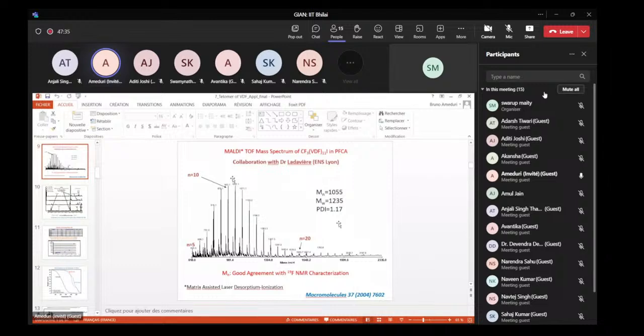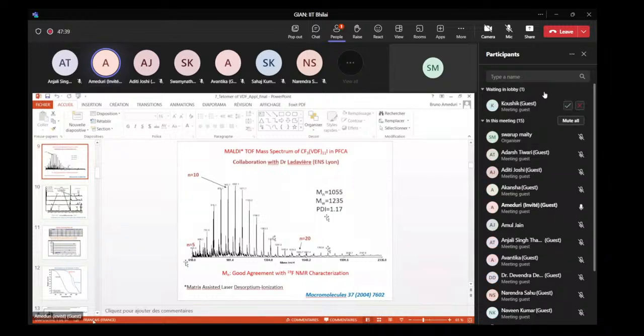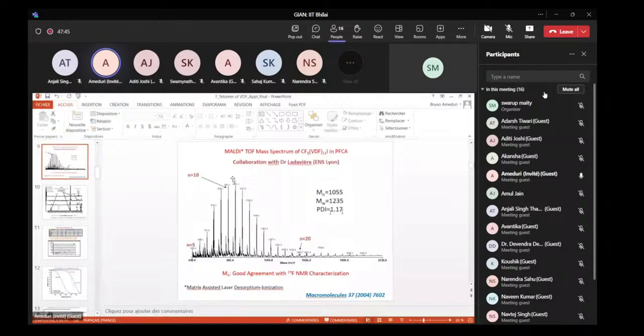You can be surprised to see a dispersity of 1.17 because we have a low value of VDF, of course. But this is a value obtained by the resolution of the MALDI spectrum. Interestingly, the difference between the signals is 64, which is assigned to the molecular weight of VDF.